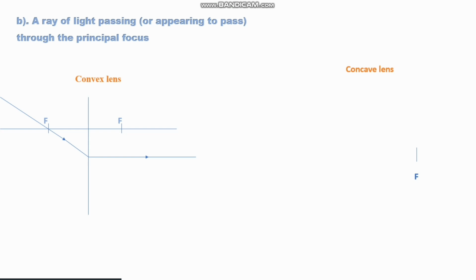For a concave lens, let us see what happens. We have the optical axis and the principal axis as shown. We have a ray of light that is coming from the tip of the object.